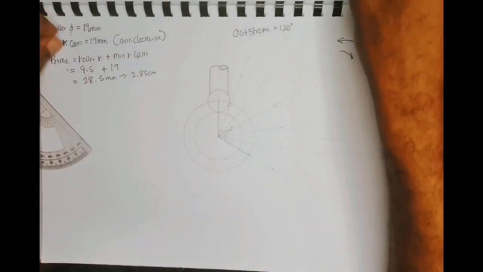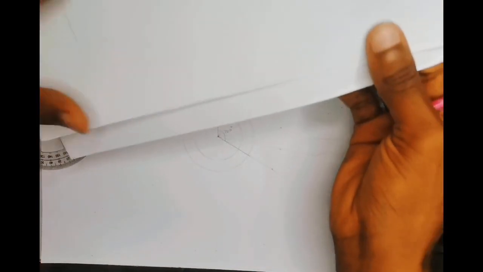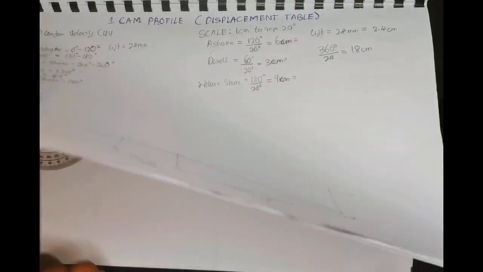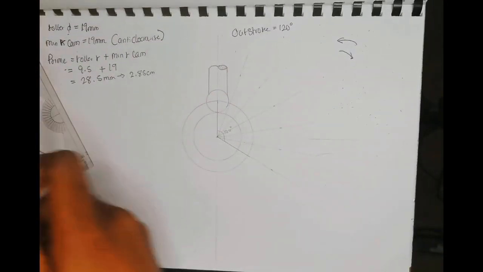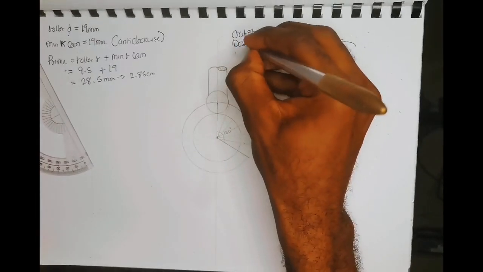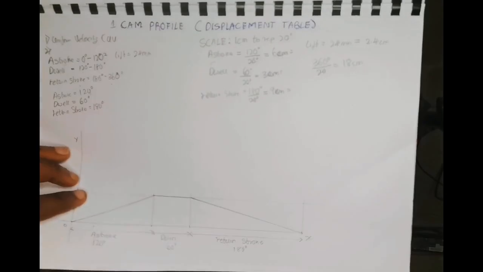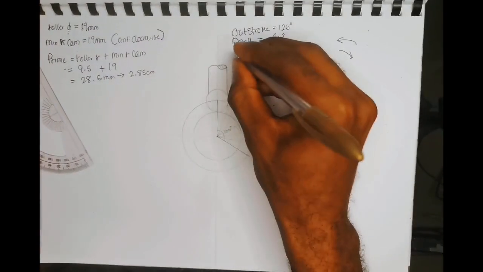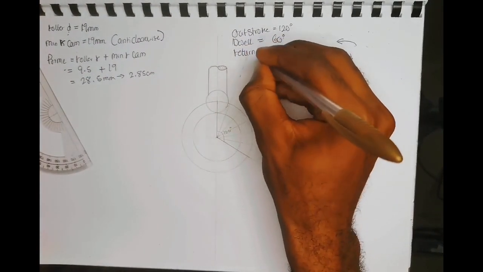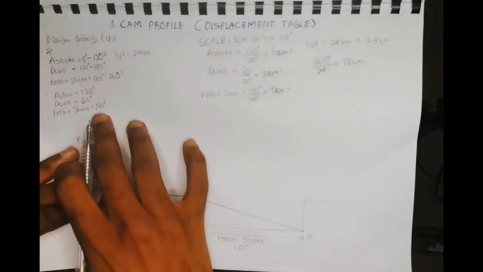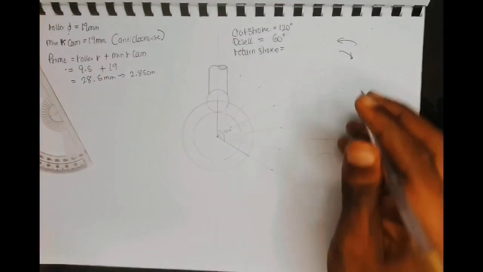Next, we measure the dwell. Dwell is given to us as 60 degrees. So the return stroke is 180 degrees.